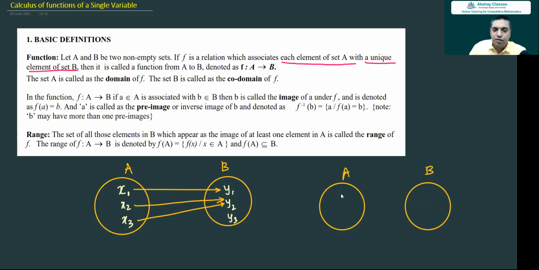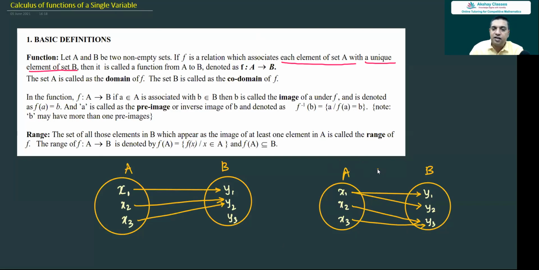It cannot happen that you have x1, x2, x3, y1, y2, y3, and x1 is mapping to two elements in set B. If this happens, then it is not a function.